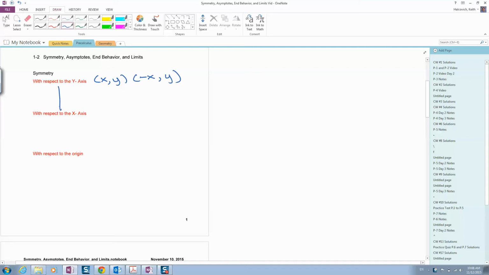For example, if you look at a parabola, y equals x squared, that is going to be symmetric to the y-axis because notice if you put 1 into the function, you get 1, and if you put negative 1 in, you get positive 1 as well. So notice it's symmetric, it's a bad drawing, to the y-axis. The y-axis, in this case, acts as a mirror.